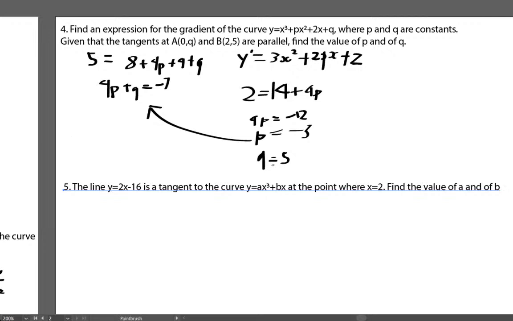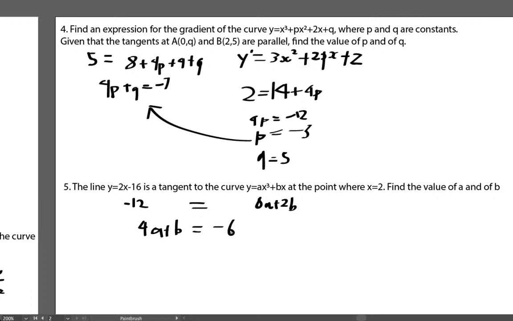When you plug the numbers in, 4 minus 16 is negative 12, and this guy here is 8a plus 2b. These two must equal each other, so 4a plus b equals negative 6. That's the first equality.